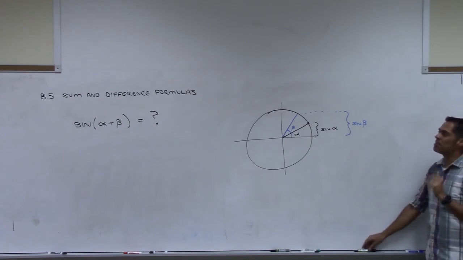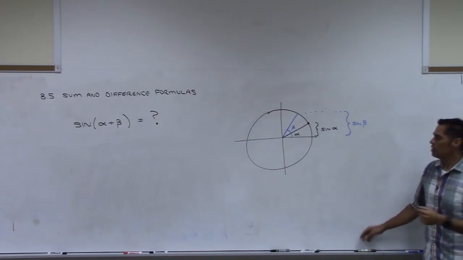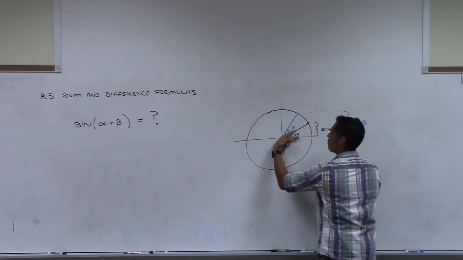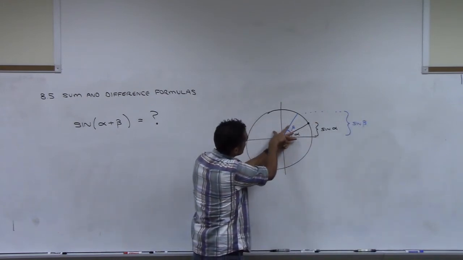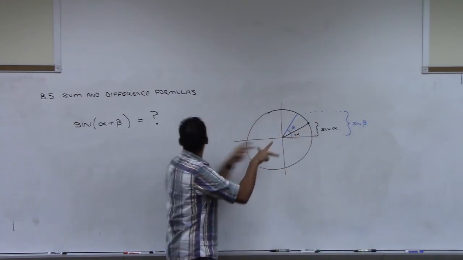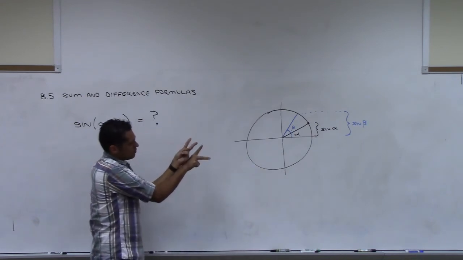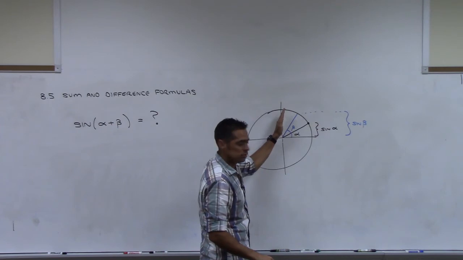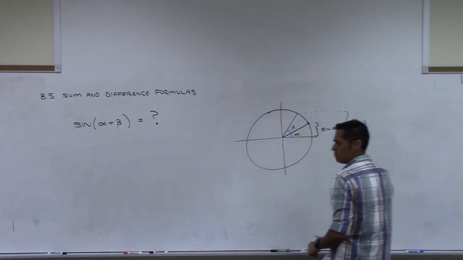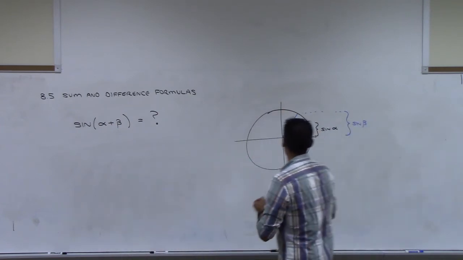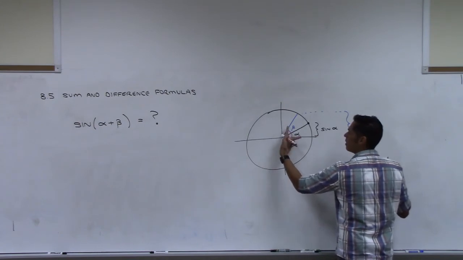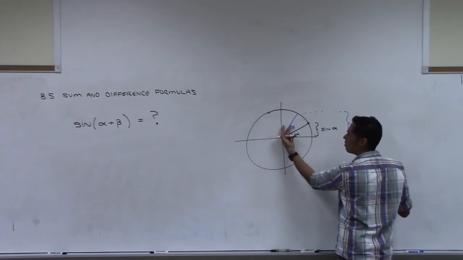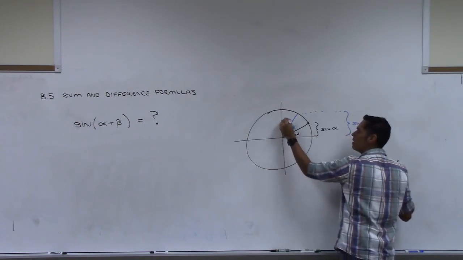But what about sine of alpha plus beta? If this is alpha, and beta is like that big, then when I add the two angles together, I get an angle that's somewhere over here. So let me draw that one. Let me take beta and add alpha.